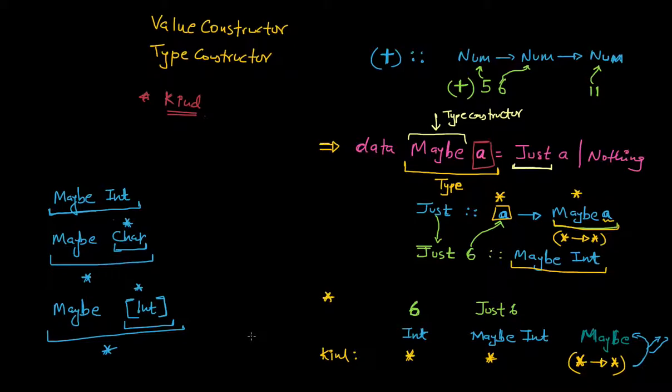So this is basically the idea, which should hopefully help you when you look at our next video, where we try to use some of the material in this video and start to learn about functors.